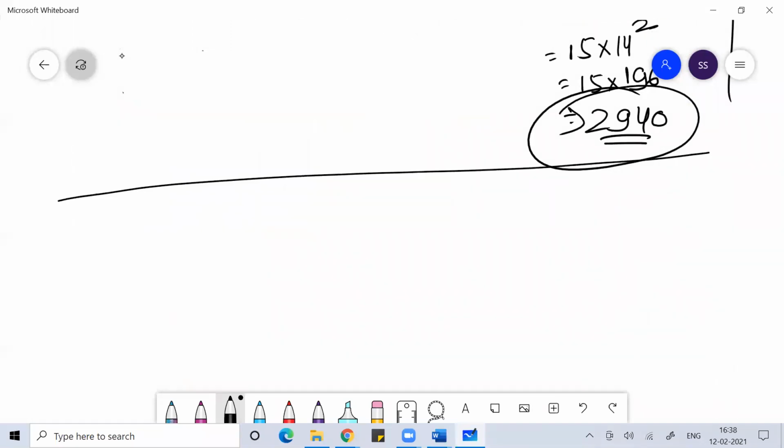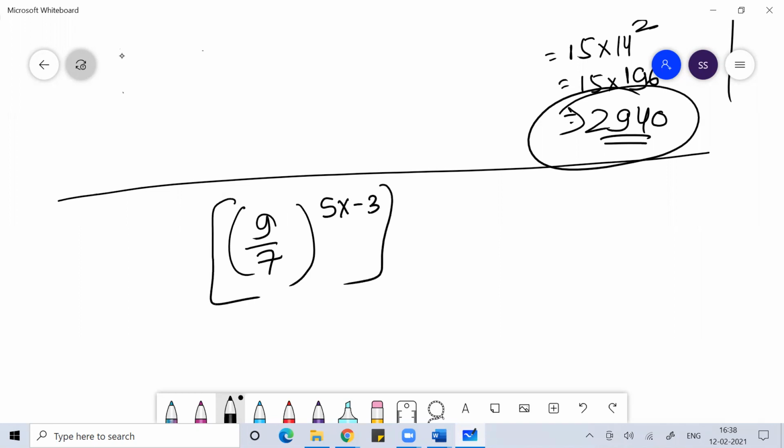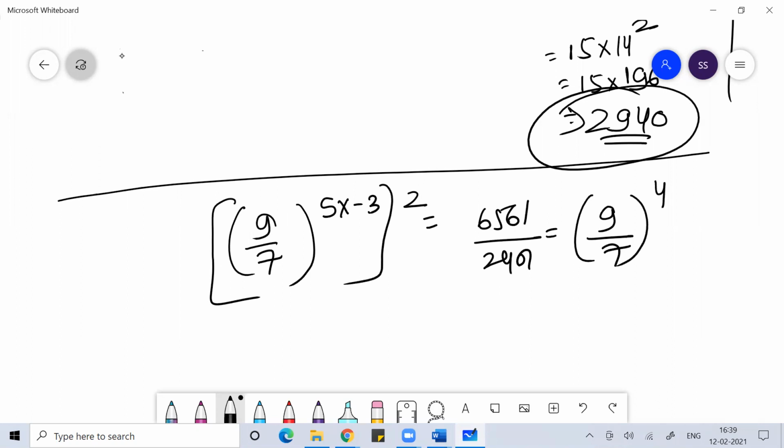Done? Okay, very good. You can understand this as 9 by 7 to the power 5x minus 3 to the power 2. This is 6561 divided by 2401. This you can write as 9 by 7 to the power 4.